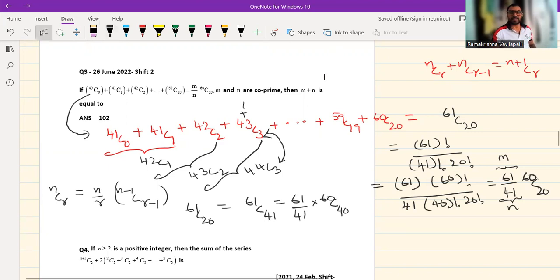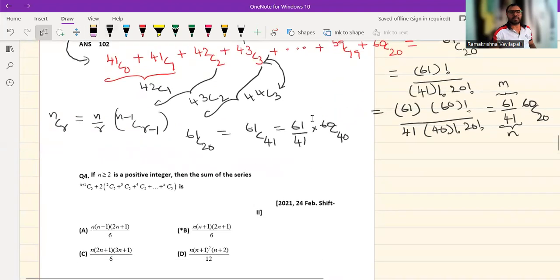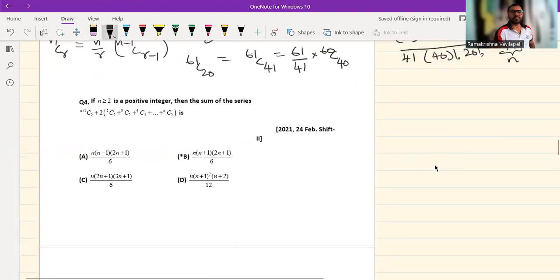And there is another question based on the same concept. Same model. Here you see, first we will simplify the expression enclosed by the bracket. So let us take this expression as sum S. So S equal to, in place of 2C2, you write 3C3 because 2C2 is 1, and 3C3 is also 1.